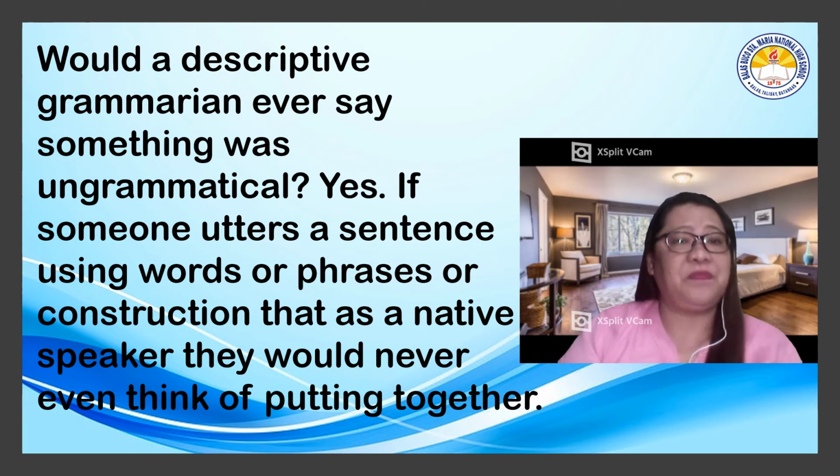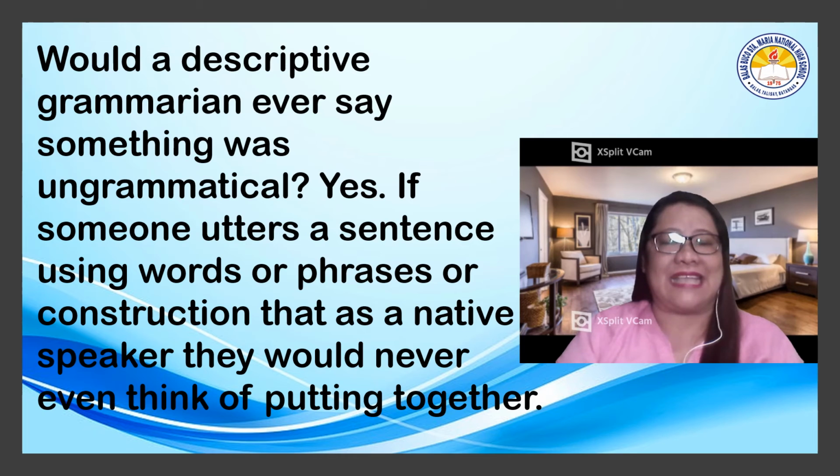Would a descriptive grammarian ever say something was ungrammatical? Yes. If someone utters a sentence using words or phrases or constructions that a native speaker would never even think of putting together.